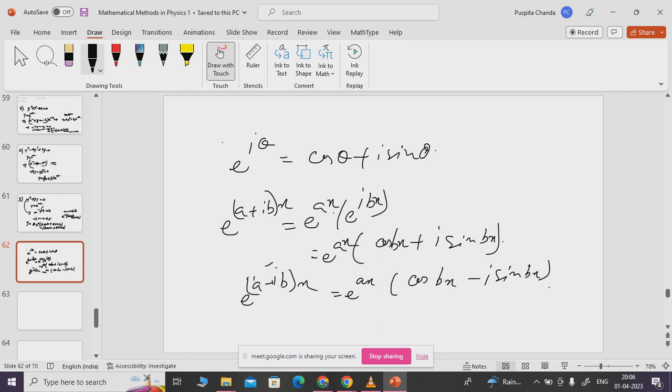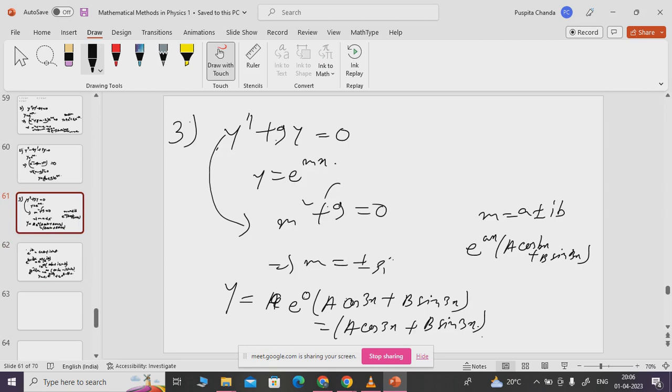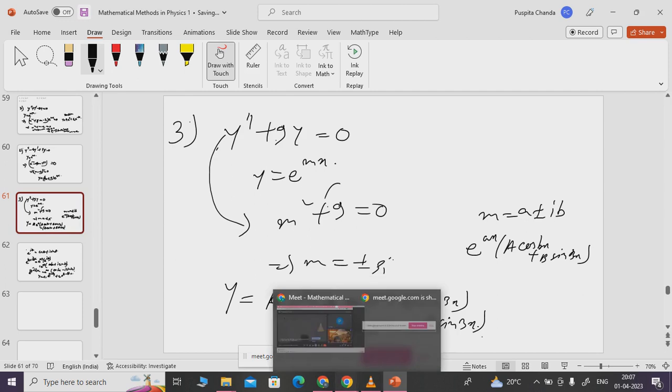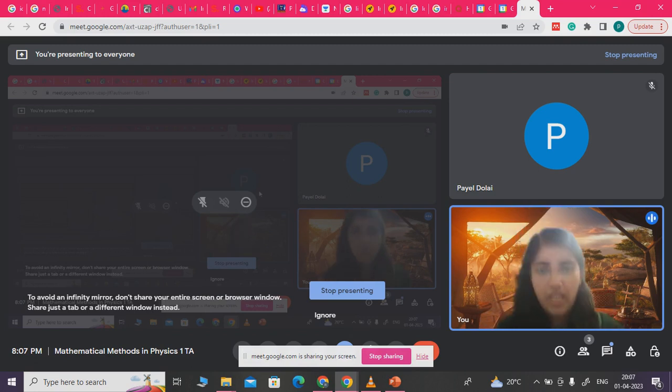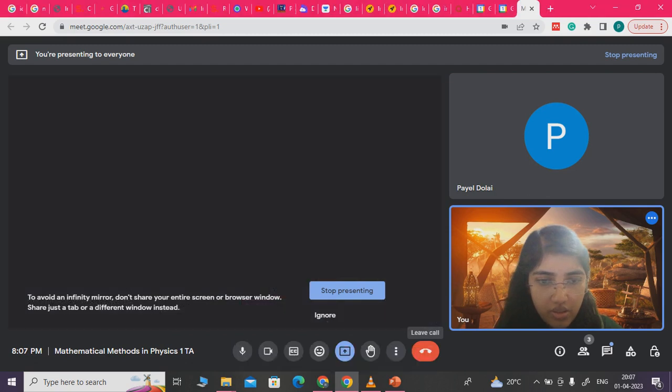So it will be e to the power ax (cos bx minus i sin bx), and we will write that into c1 e to the power (a plus ib)x plus c2 e to the power (a minus ib)x. There will be some coefficients.